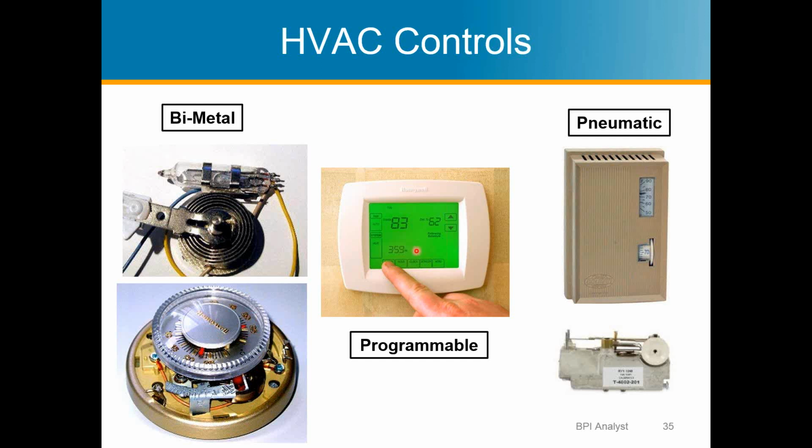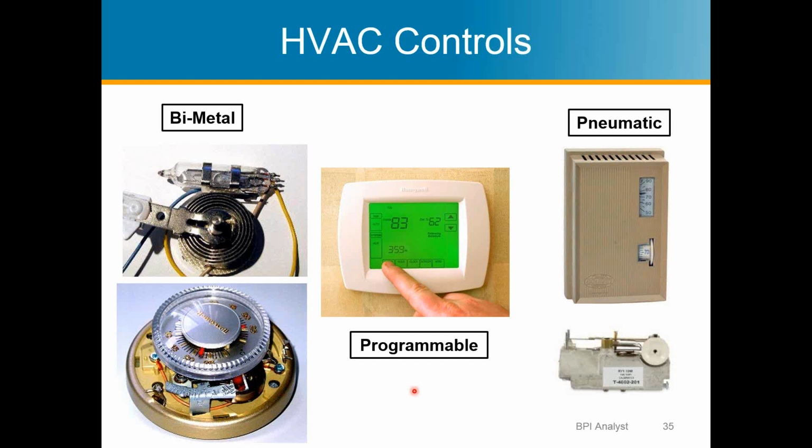And then programmable, I think everybody knows what programmable thermostats look like. There's tons of them out there, ranging from $10 to at least $200 or $300 for fancy ones. Programmable thermostats work really well if you program them, of course. And also, from your BPI analyst, if you're doing a test, every thermostat works differently.